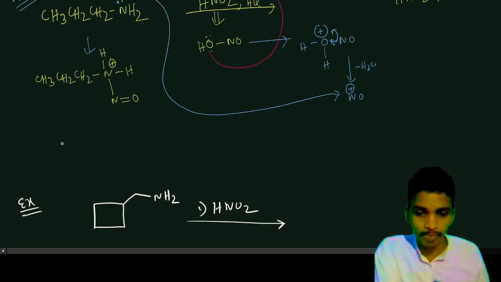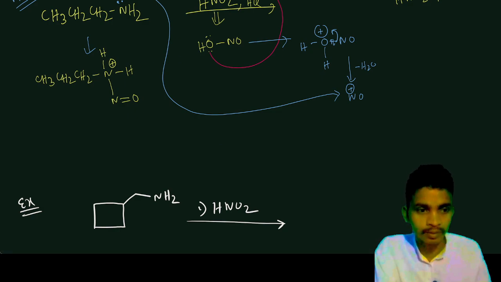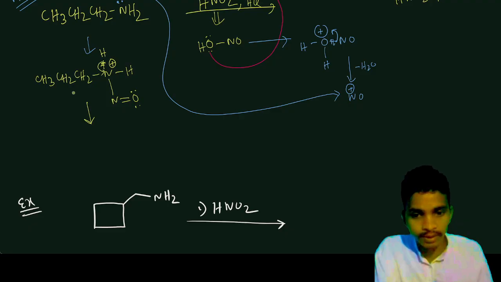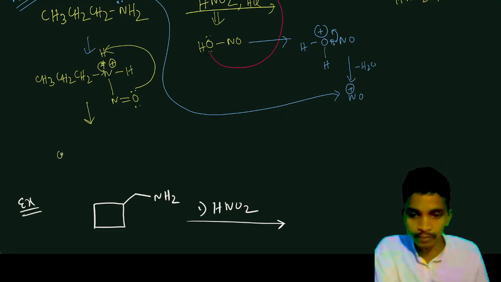Now after this, we have lone pair electrons here, and since there is a positive charge, it will take the bond electrons towards itself. Here a proton is there, and this proton is attacked by the lone pair of the oxygen.